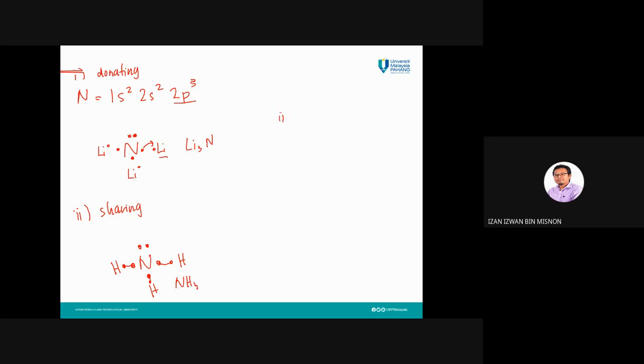So the third way is by removing all 5 electrons. If we use nitrogen again as an example, the entire valence electrons of nitrogen will be removed.